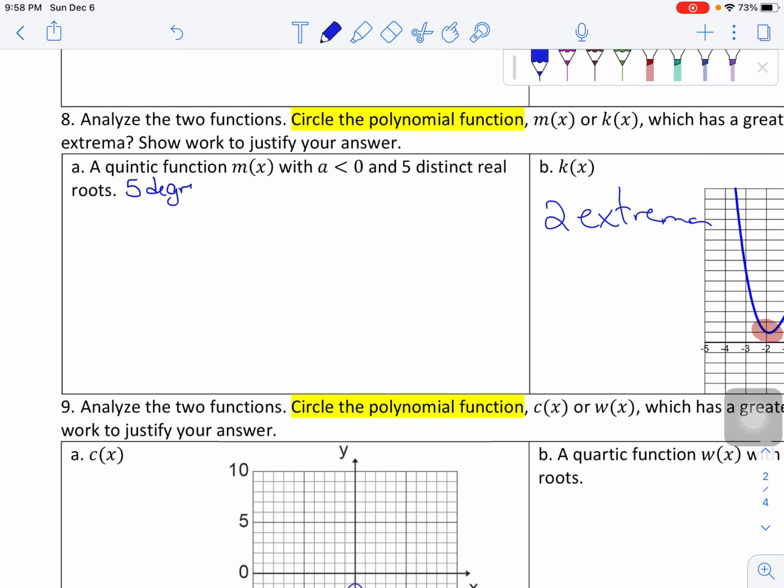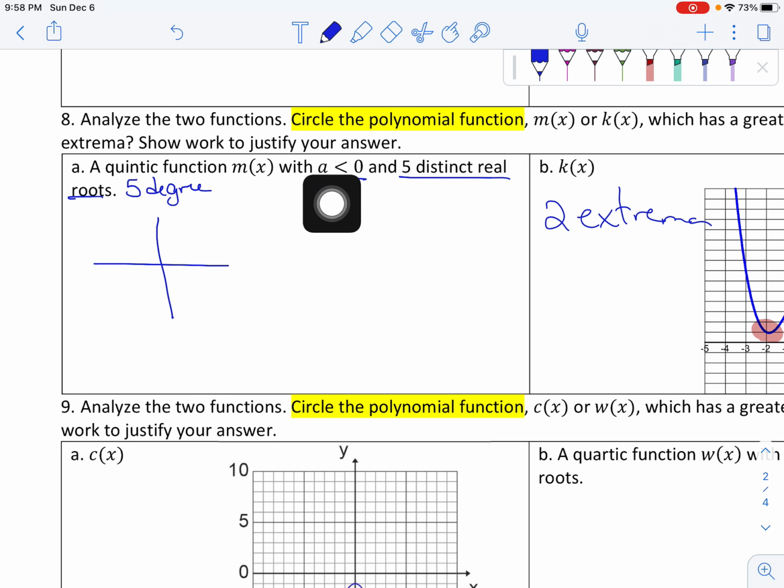Now separately, we have part A here. A quintic function. So quintic function is 5th degree, with a less than 0. So your a value is negative, and 5 distinct real roots. That means this thing has 5 x-intercepts. It's going to cross the x-axis 5 times.